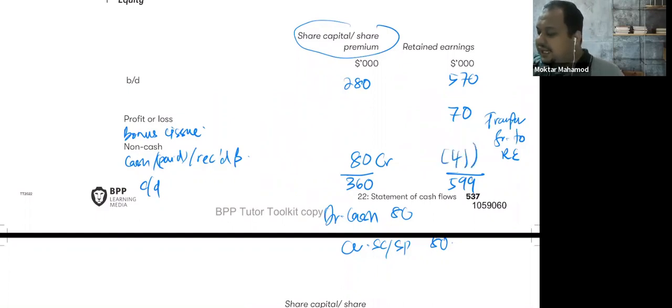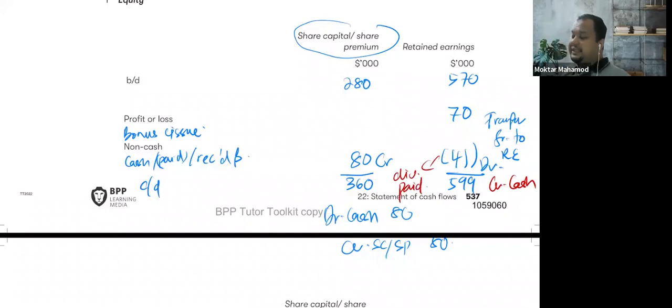Nampak tak? 41 kalau dia negatif, dia ada debit side. Kenapa? Sebab dia credit cash. Credit cash untuk dividend. Nah, ini adalah dividend paid. So they utilize retained earnings to pay dividend.